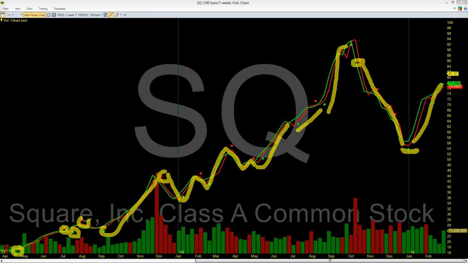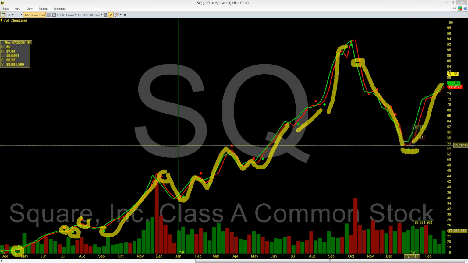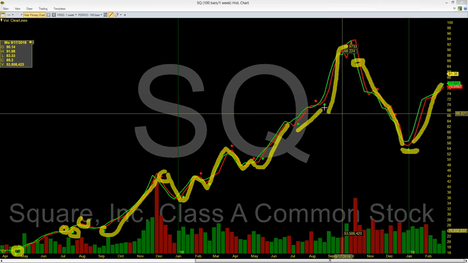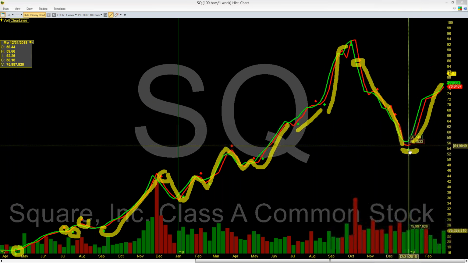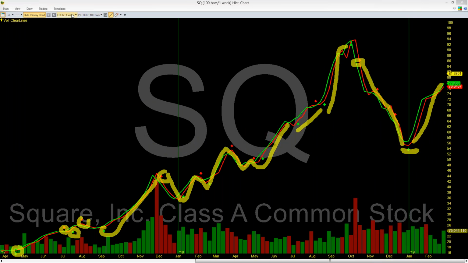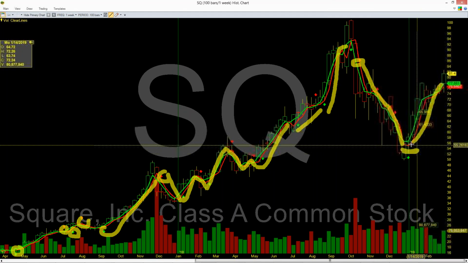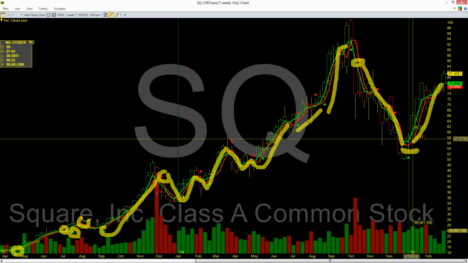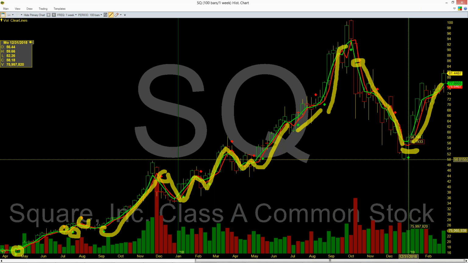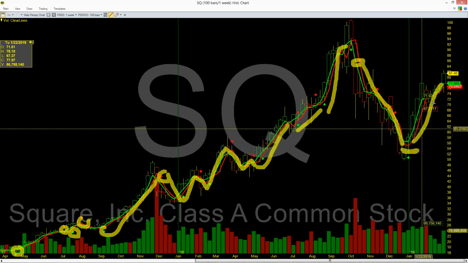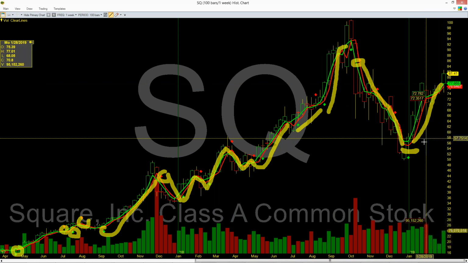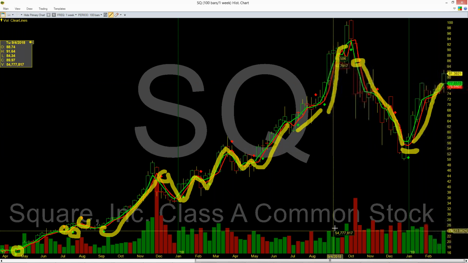So at the end of that interval, the beginning of this interval, at $58 on the weekly chart, it gave an up arrow. Guess what? It's still an up arrow from 58 to where it is now.